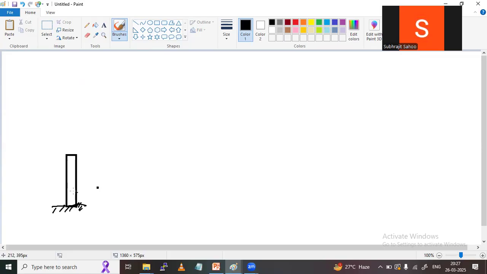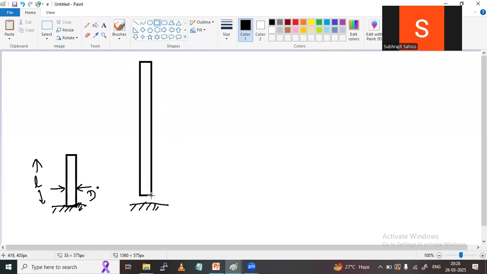Now suppose the diameter is capital D, and the length is L. Now what I will do, sir? I will not change this diameter D, but I will make the length very big.